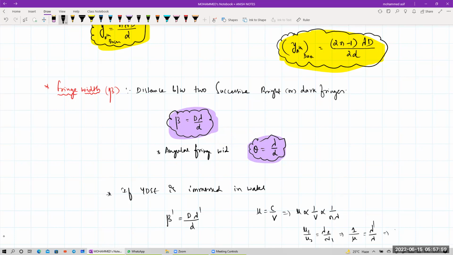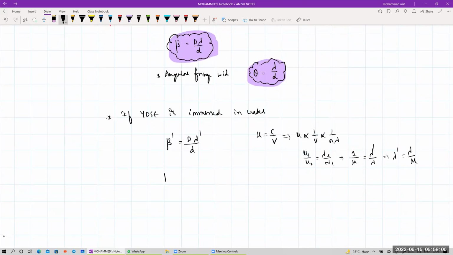तो lambda dash की वैल्यू कितनी आ गई? Lambda dash is equals to lambda divided by mu. From the ray optics. तो fringe width का फॉर्मूला क्या गया?